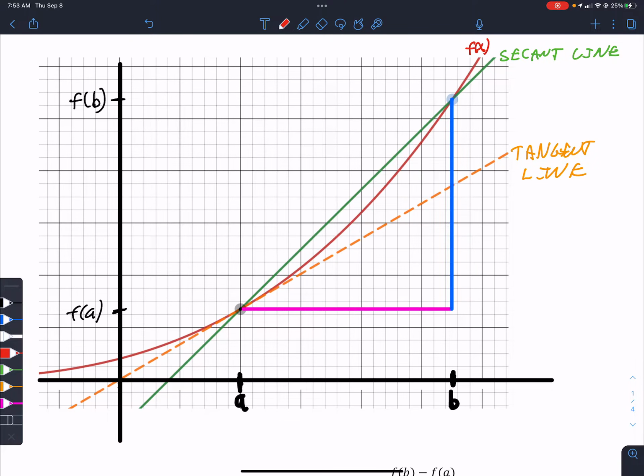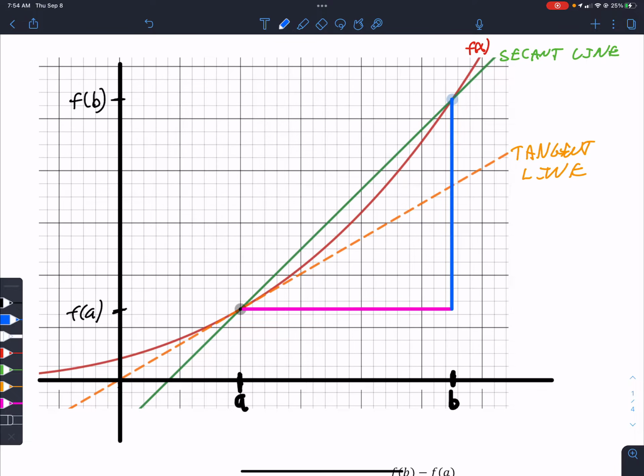Okay, so slope is rise over run. So the rise is this distance here. Now we have points a and b, 2 general points. If you plug a into the function, it gives you the y value, which is f of a. If you plug b into the function, it gets you the y value, which is f of b. So we want to find the rise, and that's going to be this distance right here. Well, how do you find the distance between any 2 points? You subtract them. You take the bigger one, f of b, subtract the smaller one, f of a.